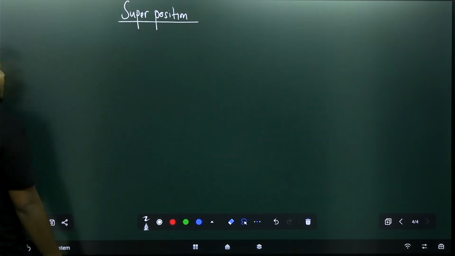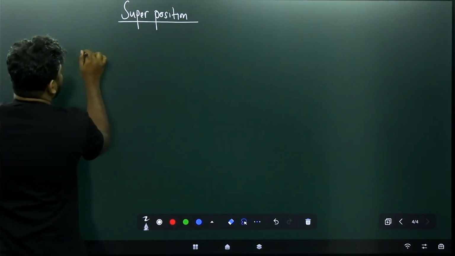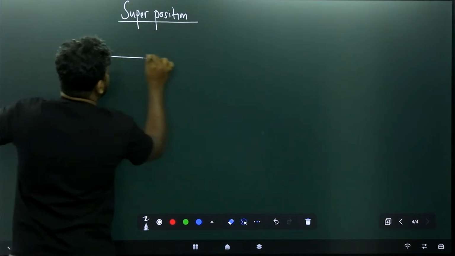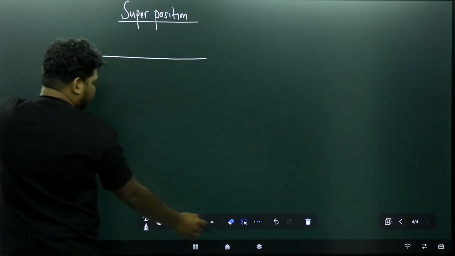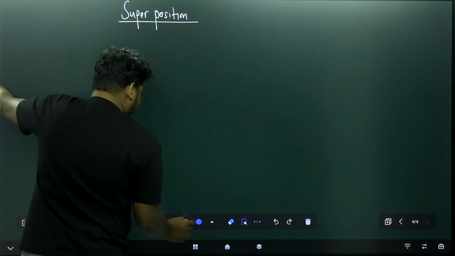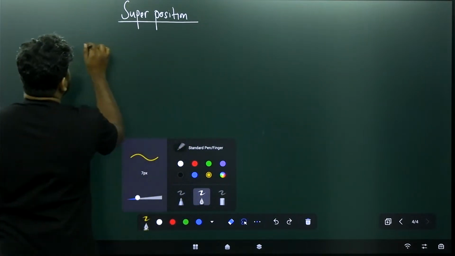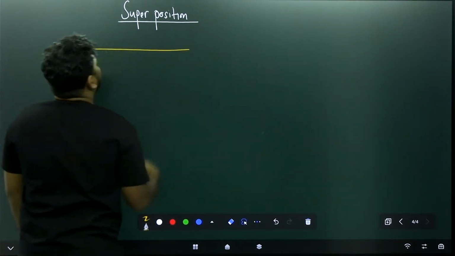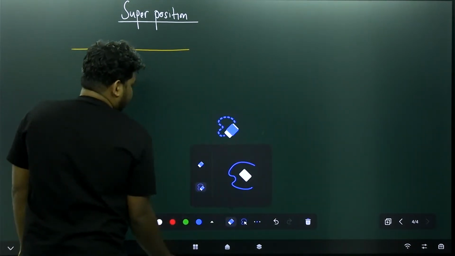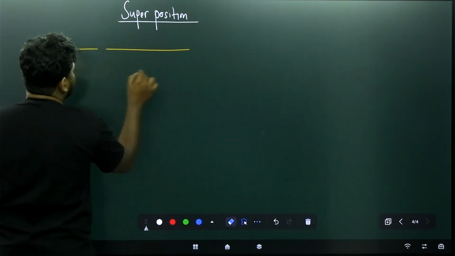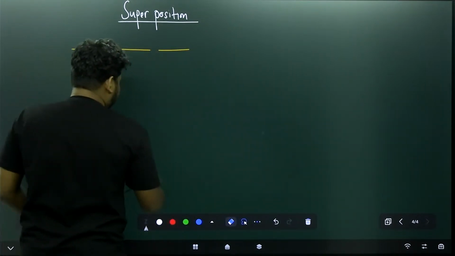Let's consider there is a rope here. In this rope, I'm creating two pulses like this.